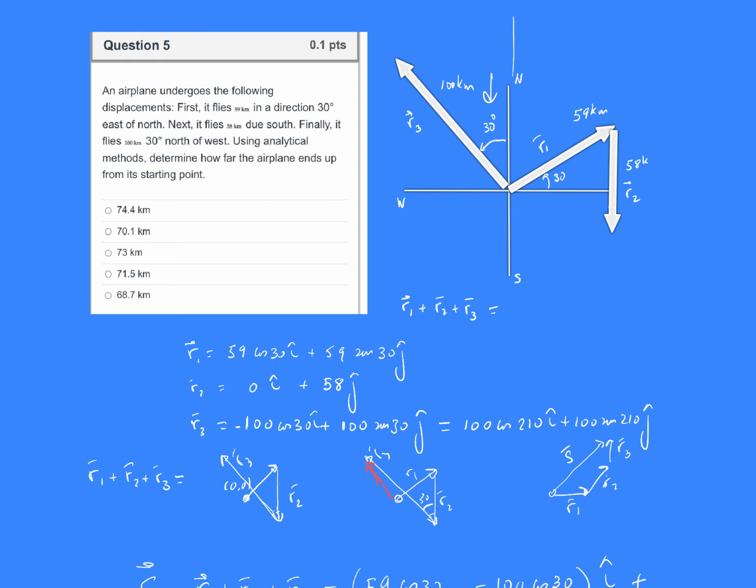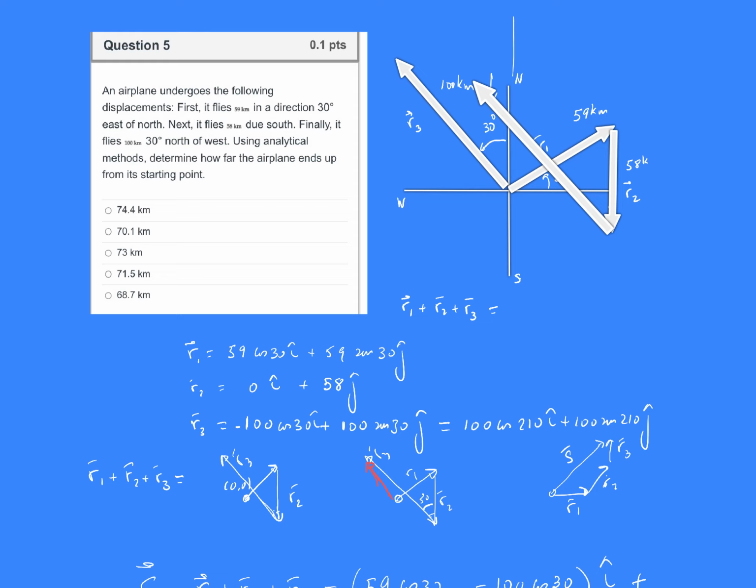In this direction, 100 kilometers, so it will be more or less like this. So the sum, let me erase now this vector, let me erase this one, let me see if I can erase only this one. I think I cannot erase this one.